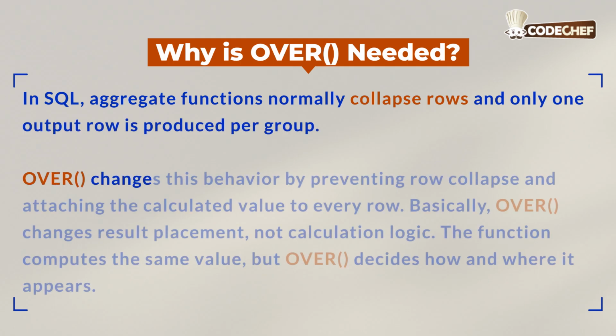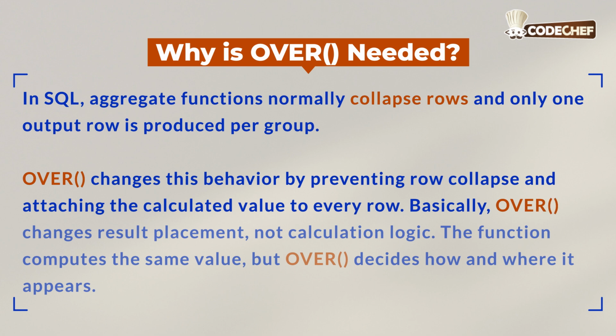But OVER changes this behavior by preventing row collapse and attaching the calculated value to every row. Basically, OVER changes result placement, not calculation logic. The function computes the same value, but OVER decides how and where it appears.